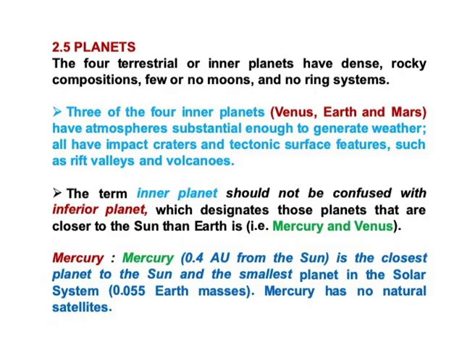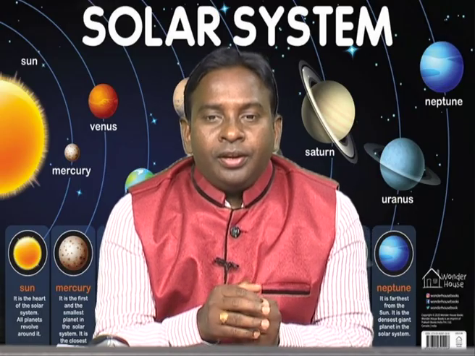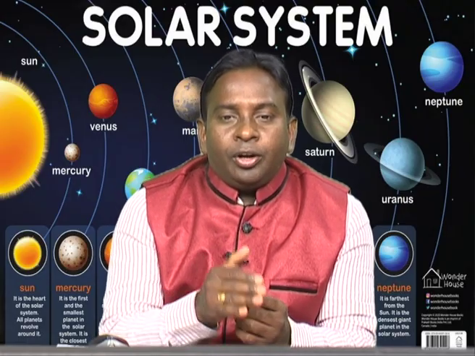Yes, the four terrestrial planets are inner planets, which have dense and rocky compositions, no moons and no ring systems. Compared with that, the outer planets are all different. The inner planets are different. Mercury and Venus, we say.